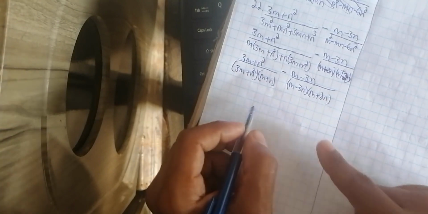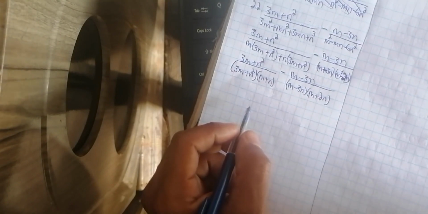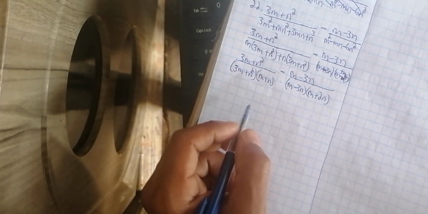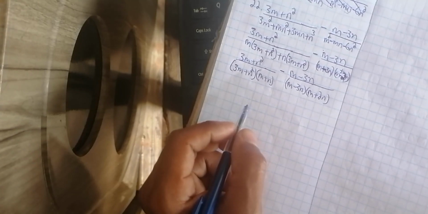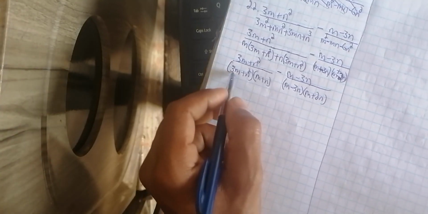Now, what is it that I can do from here? Let me check what I can do from here. I think I can take out an LCD. My LCD would be m minus 3n, m plus 2n, 3m plus n squared plus m plus n.